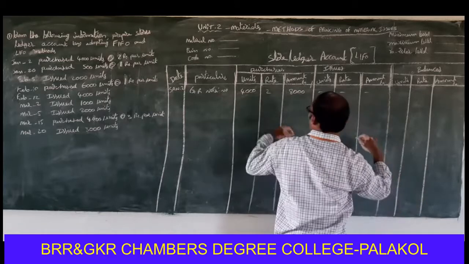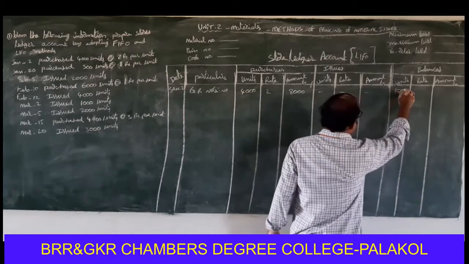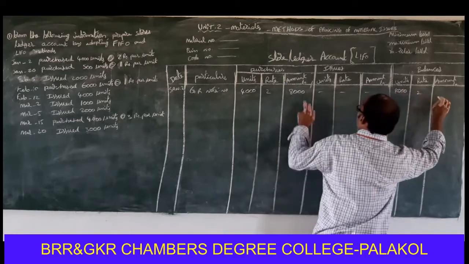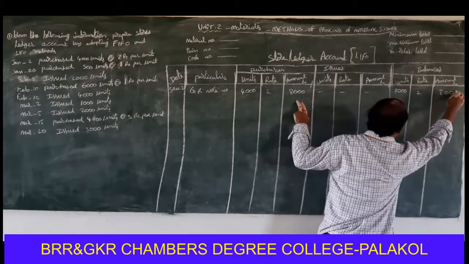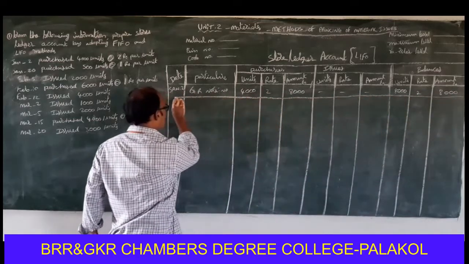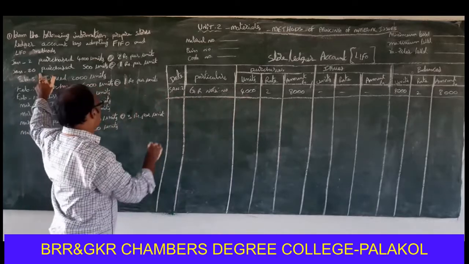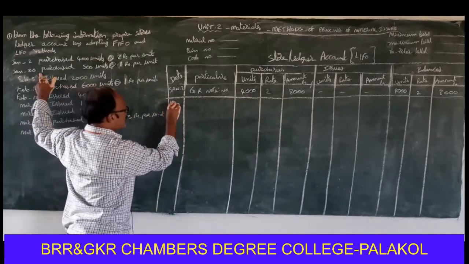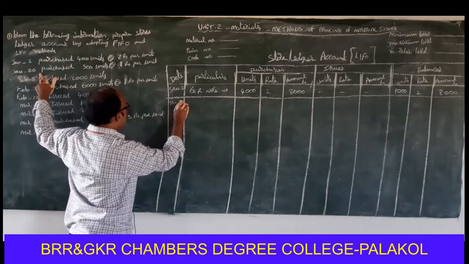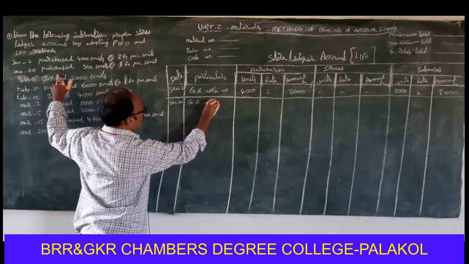The same stock is available at the end of the day, January 2nd. So 4,000 units at the rate of 2 rupees per unit, 8,000. No problem at all. Next one, on January 20th, again we purchased. Okay, this is the LIFO method.